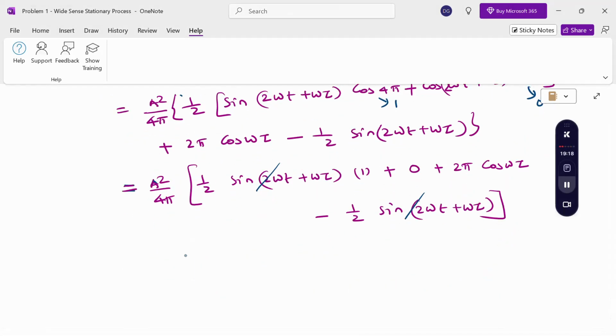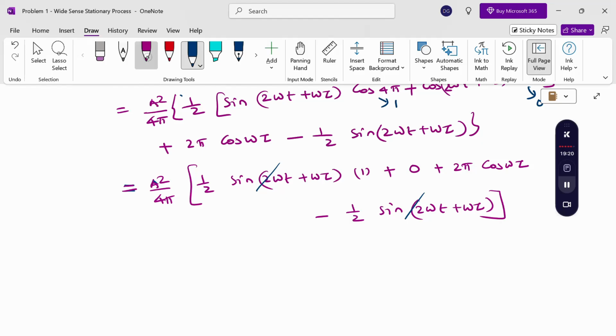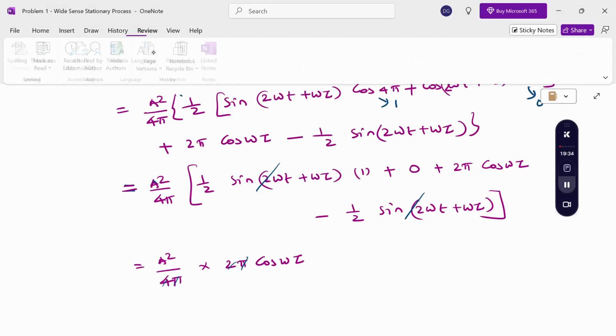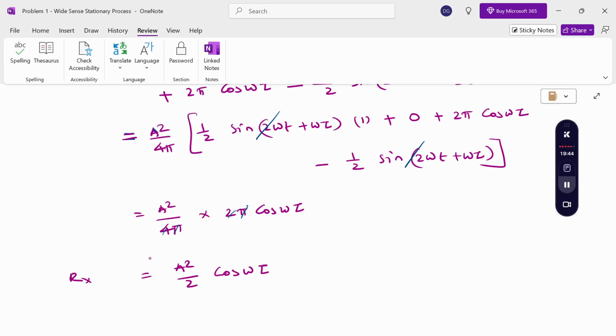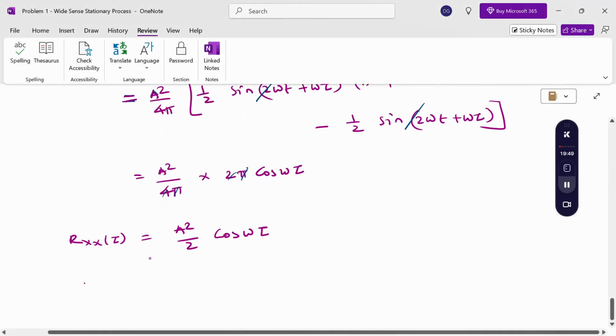Therefore, A squared by 4π into 2π cos ωτ. Now cancel π and 2. Therefore, A squared by 2 cos ωτ, which is the autocorrelation R_xx of τ, a function of τ.